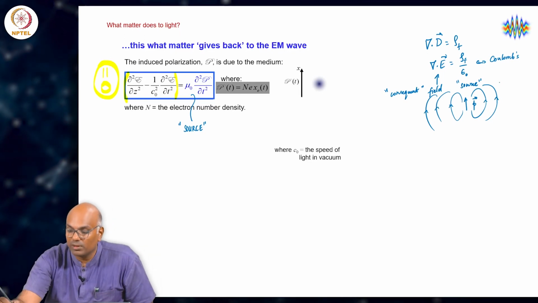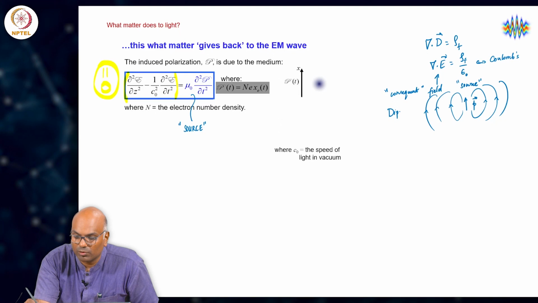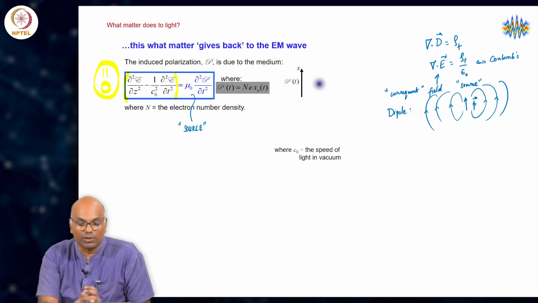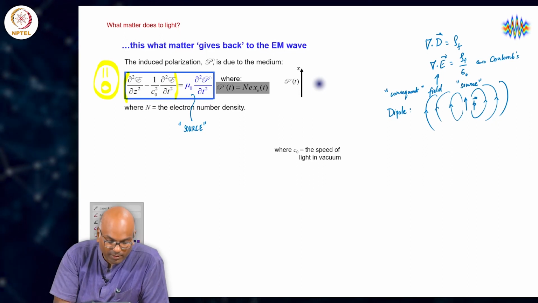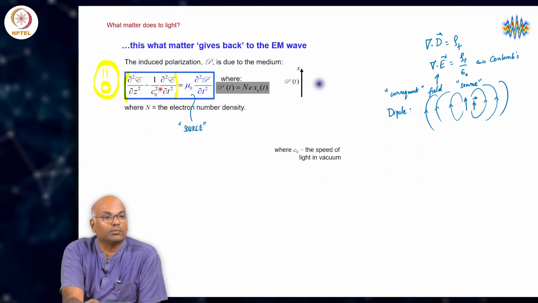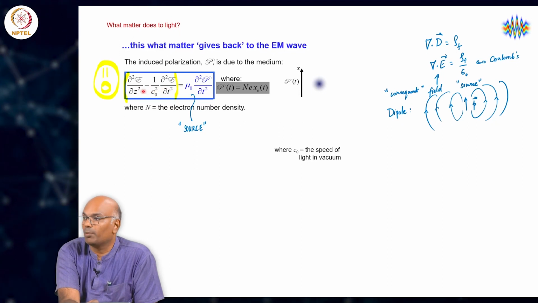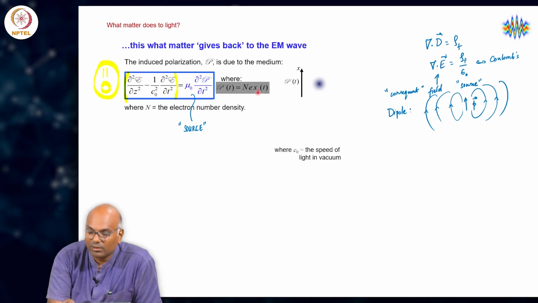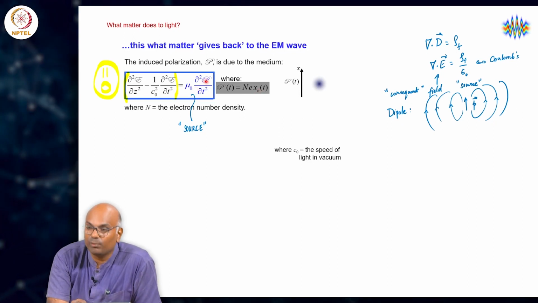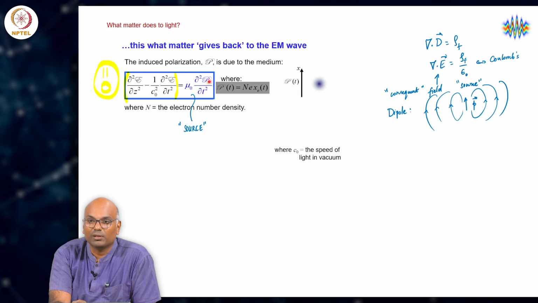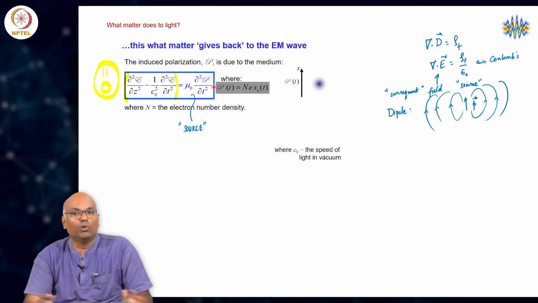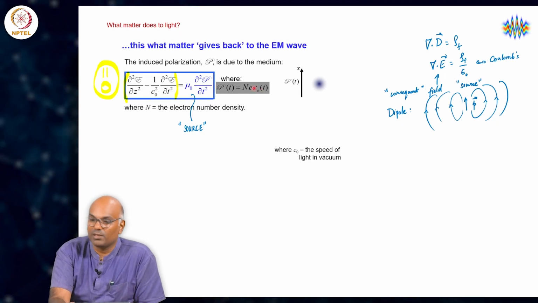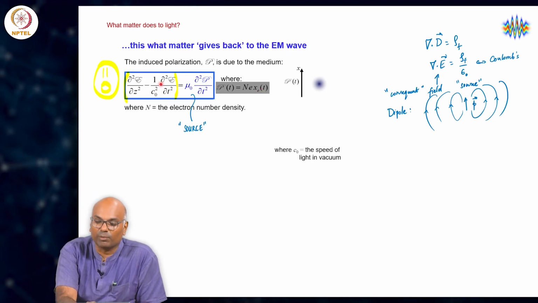So you can always have fields and their consequent sources. Look at the left hand side of this equation: fields, but in this case a propagating field. Here is the source. If P were stationary in time, dP by dt is 0, then no propagating wave can emerge out of that. If P oscillates in time, then a propagating wave could emerge out of it.